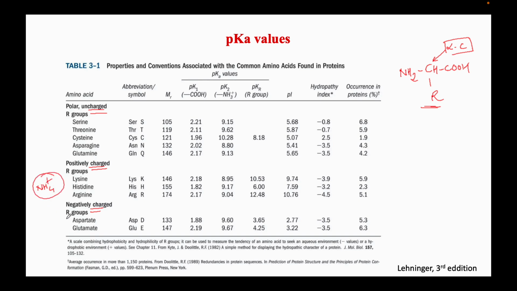Negatively charged R groups have a carboxyl group which imparts a negative charge. Then we have uncharged R groups: in serine and threonine we have OH, in cysteine we have SH, and asparagine and glutamine also have polar uncharged R groups.